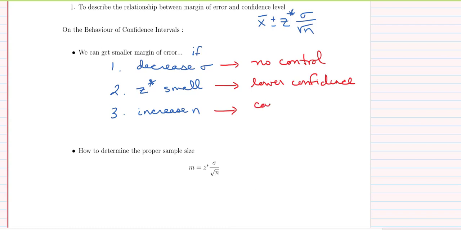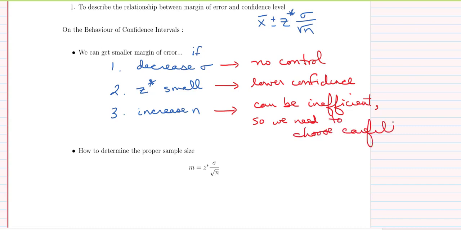Well, it can be inefficient. Increasing n makes this a smaller number, and again, multiplying something by a small number makes it smaller. So it can be inefficient, so we need to choose carefully.